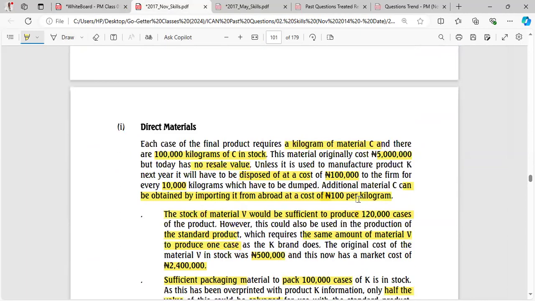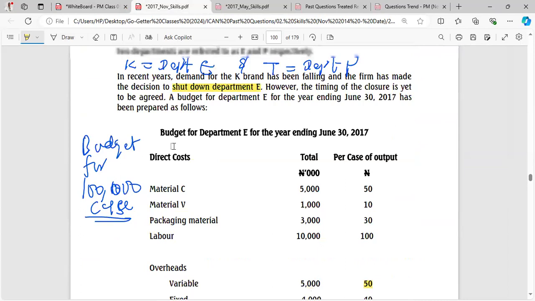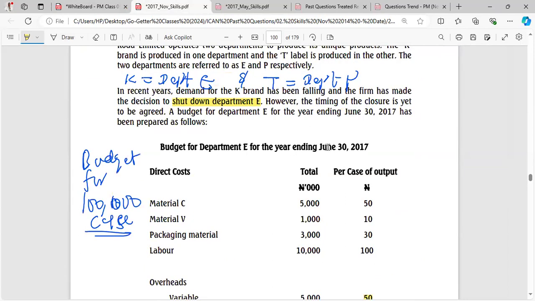Let's go up and see something here. Budget for the department ending June 30, 2017. So it means that this budget is for the year ending June 30, 2017.